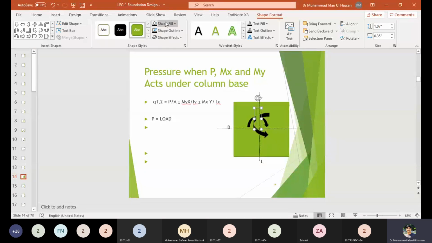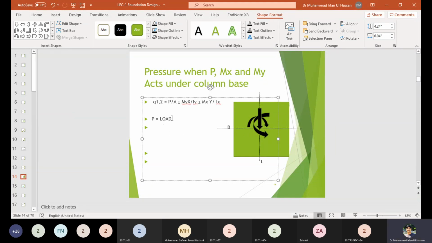What will the pressure diagram for this case be? We have to see, let's say you have to select the point first, at which point you are plotting this diagram, and then you are able to draw it.